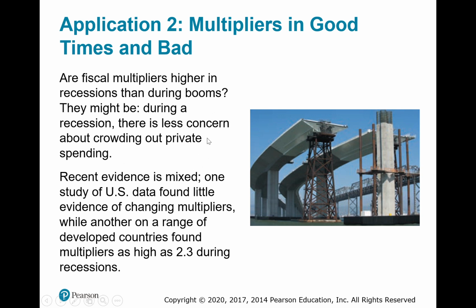Recent evidence is mixed, though. One study stated that little evidence of changing multipliers, while another on a range of developing countries found multipliers as high as 2.3. So we may not have a change, but then we may have a great change. Depends on the economy itself.